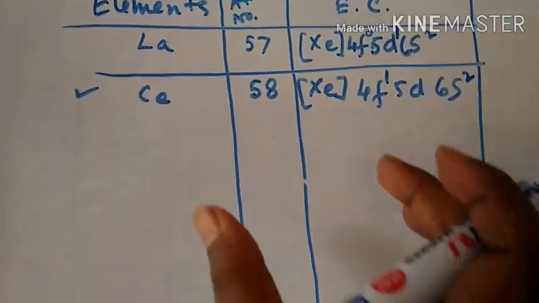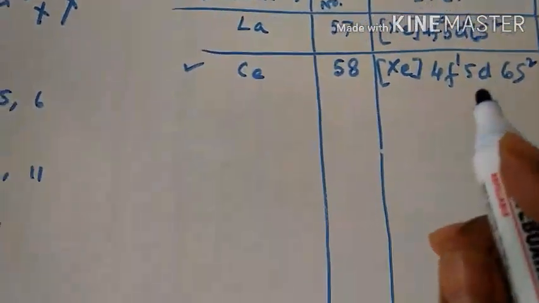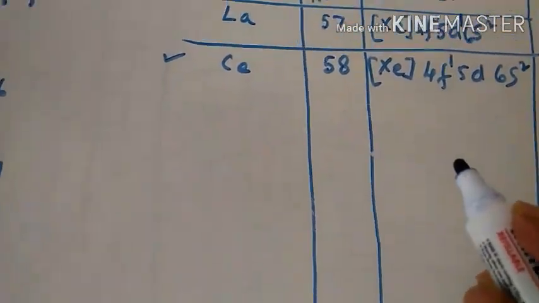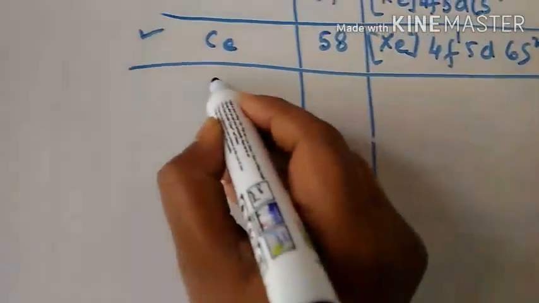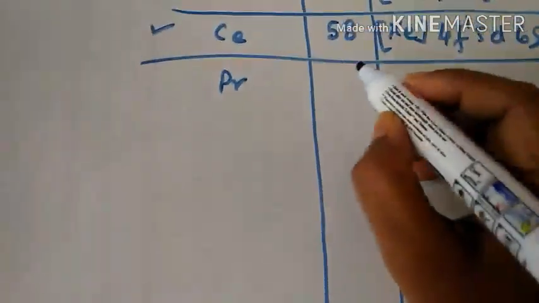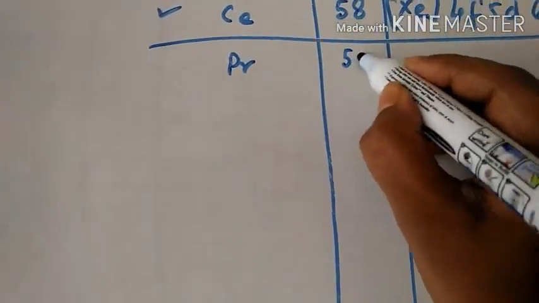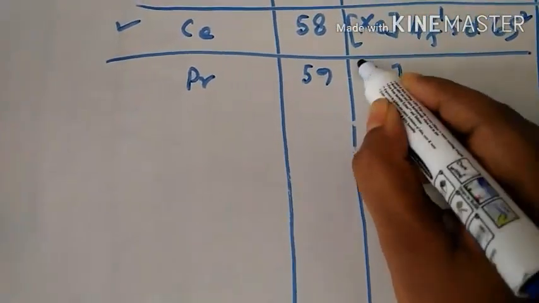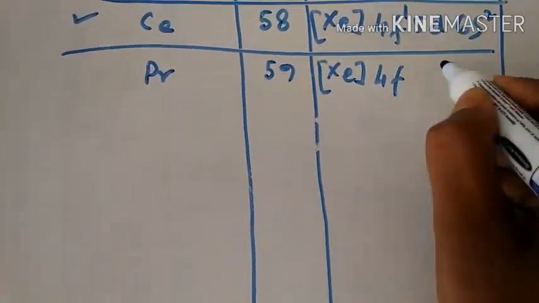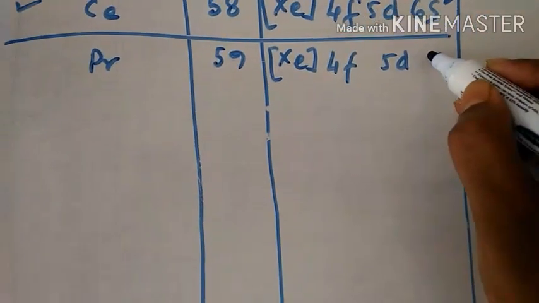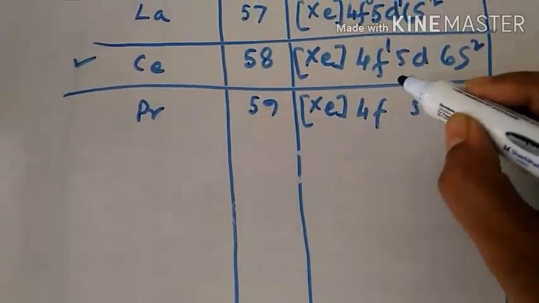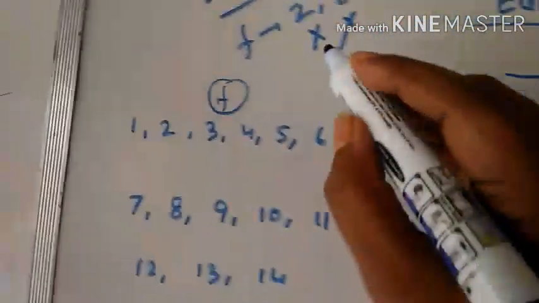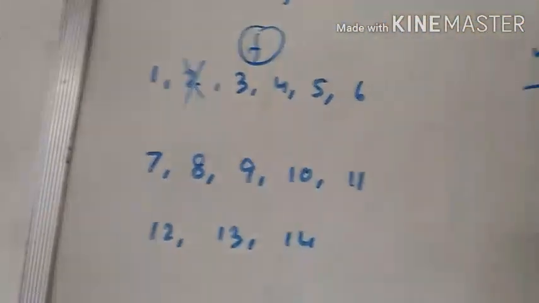so now calculate. Next it should be praseodymium, Pr, it's 59, starting from xenon, 4f, 5d, and 6s. 6s should be 2, and for 4f it should be 2 is barred. 2 is barred.